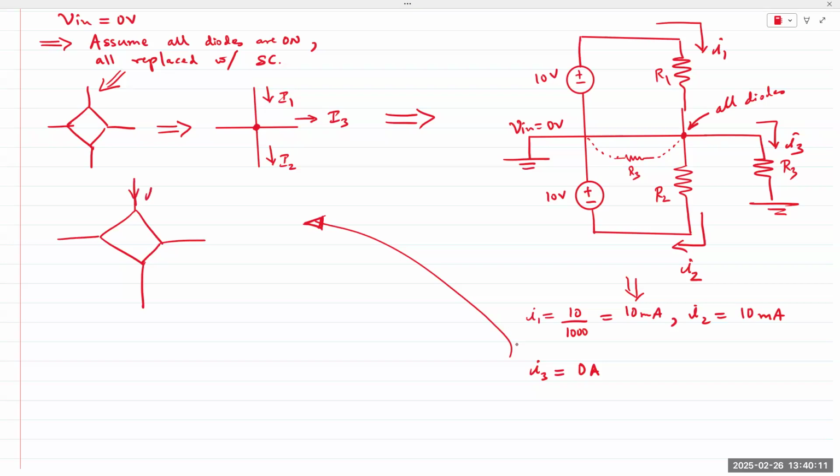I have I1 coming from the top, that's 10 milliamps. I have I2 leaving the bottom node, that's again 10 milliamps. This I3 is 0 milliamps, but I3 is also connected this way, meaning I3 also comes into the node.